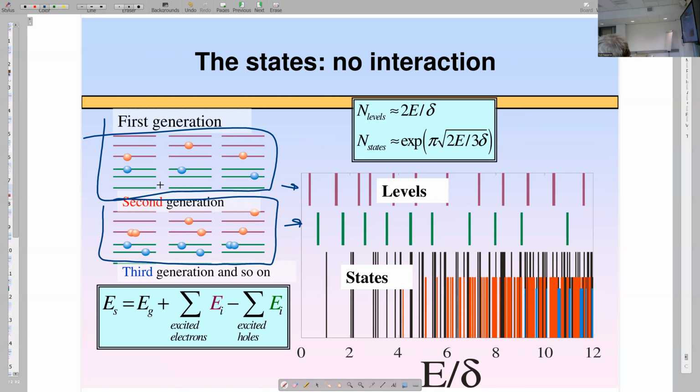There's some minimal energy per generation which grows. So that's where the first generation starts. Here we have the second. Here we have the third. And the level spacing within a generation is at first rather big, then becomes smaller and smaller.